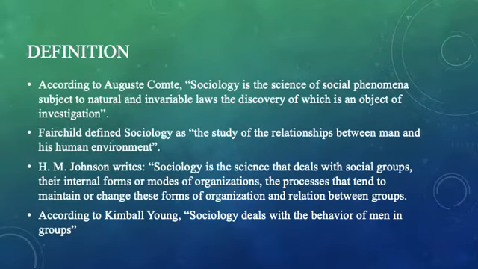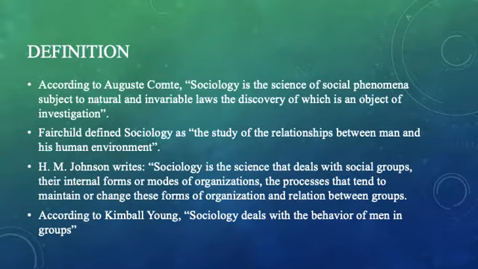So let's come to the definitions of sociology. There are many definitions given by various sociologists, but let's discuss only a few. According to Auguste Comte, sociology is the science of social phenomena subject to natural and invariable laws, the discovery of which is an object of investigation.